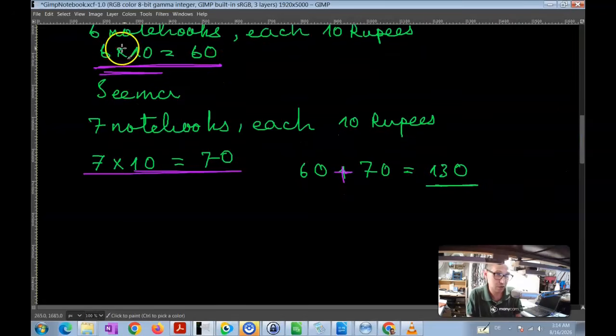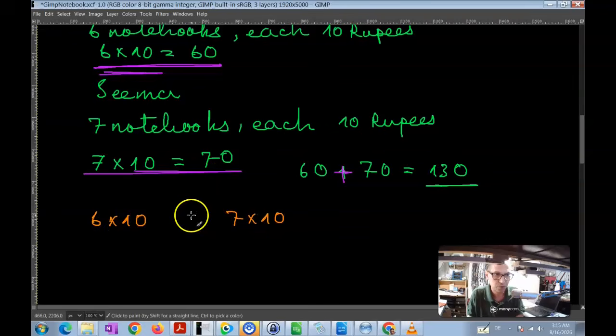you bought 6 notebooks for 10 rupees, and then in some other instance you buy 7 notebooks for 10 rupees. When you want to write it down, you will write it as 6 times 10 rupees, that's one thing, and then 7 times 10 rupees, that's another thing.